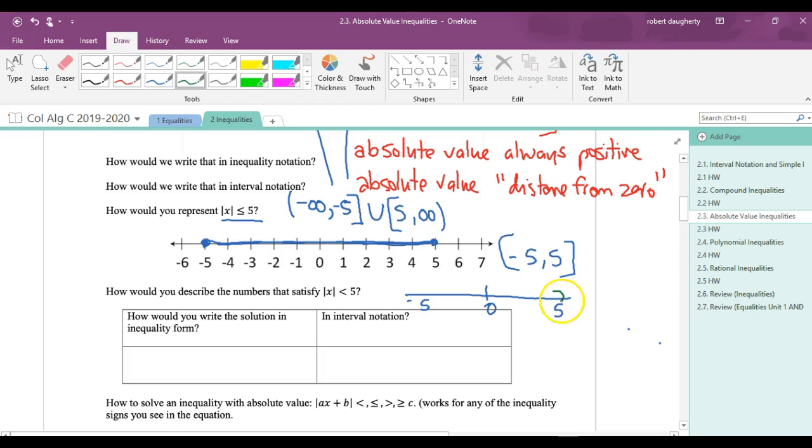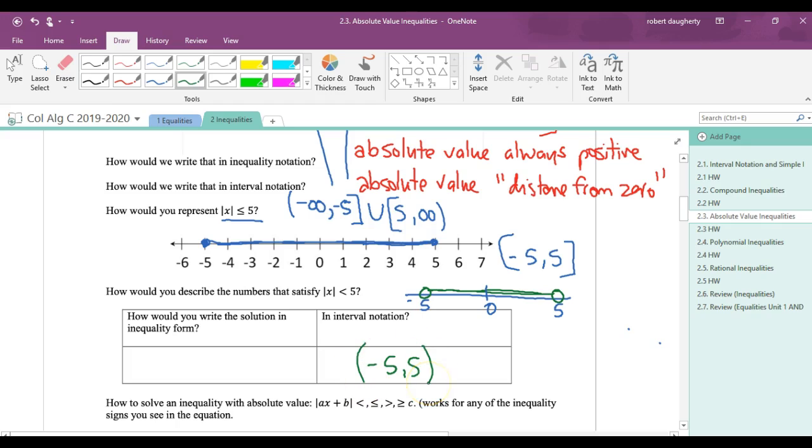Open. Okay. And then the distance is less than 5. That would be an open circle here, and I shade where? Everything in between. Okay. These are all the numbers that are strictly less than 5 from the origin. So in interval notation, this is the interval from -5 to 5 with what kind of enclosures?